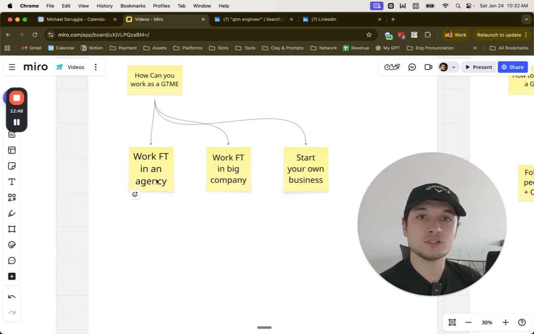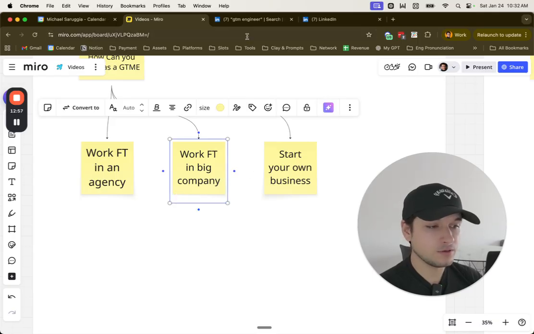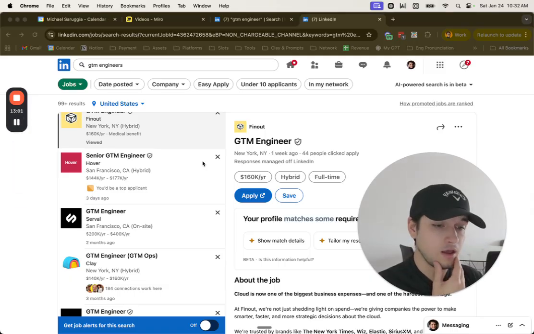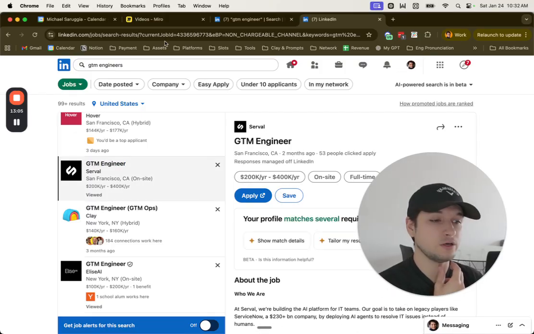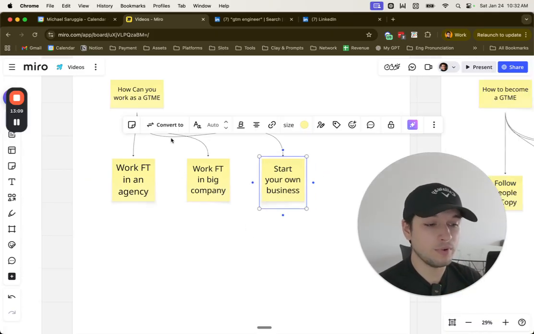A lot of these agencies are friends of mine, so you have very close connections with these people. They work full time in a big company, like you've seen here, for example, even with very high salaries, like super high salaries, which is cool. Or they start their own business, or they do a mix of these.